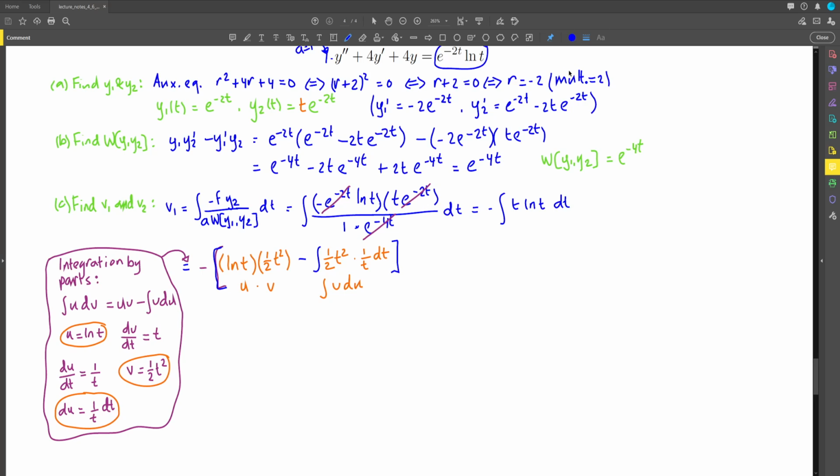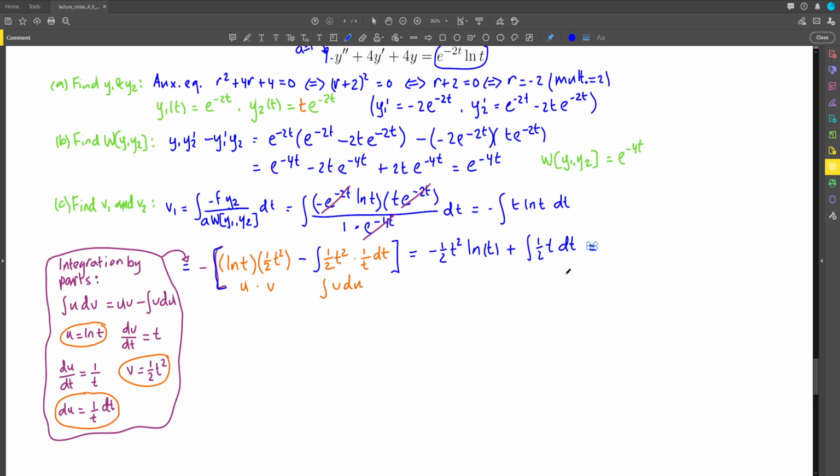Okay, now let's simplify this. So the first term becomes negative 1/2 t squared ln of t, and then distribute that minus. We then have plus the integral of, 1/t cancels here, so that's 1/2 t dt.